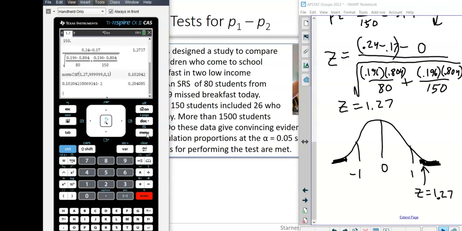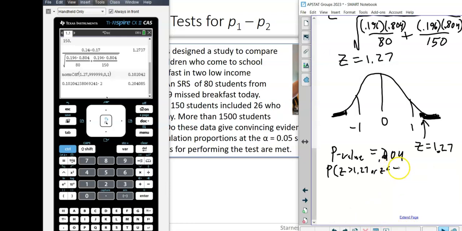So I think the p value, I should say, should be 0.204. You can also say that as the probability that z is greater than 1.27 or z is less than negative 1.27, something like that if you wanted to. But 0.204 should be our p-value.